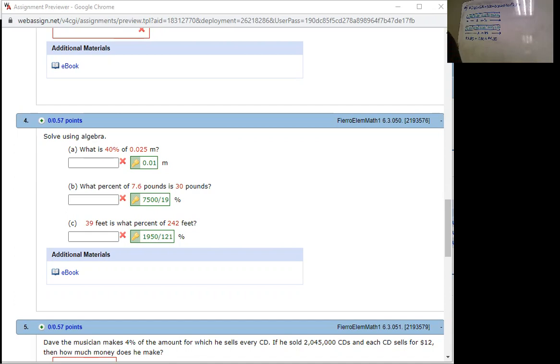Okay, now here comes part C, where it says here express the cab fare, which is going to be C, as a function of M. So it's going to be C is equal to something.